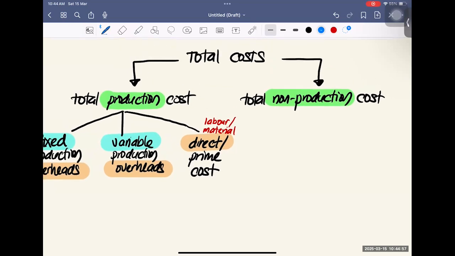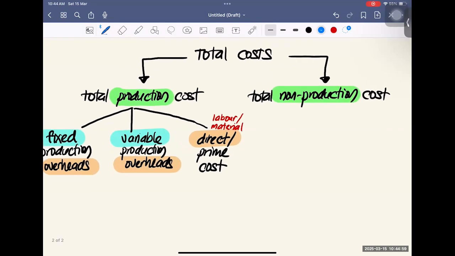Based on what you have watched in the recording, we determine based on whether it is easily traceable to the product. Whereas overheads refers to indirect costs. When we say overheads, it is indirect.